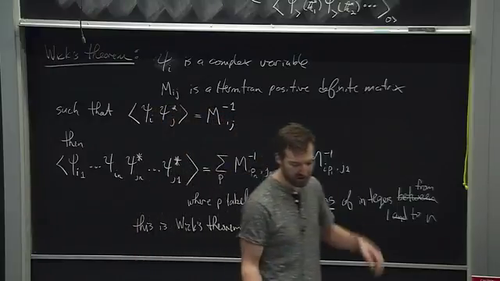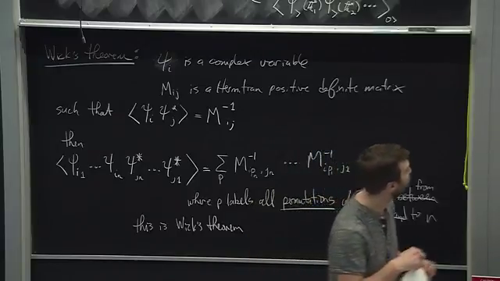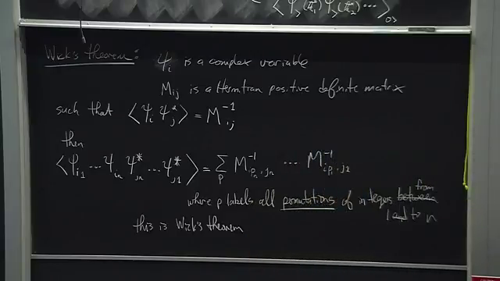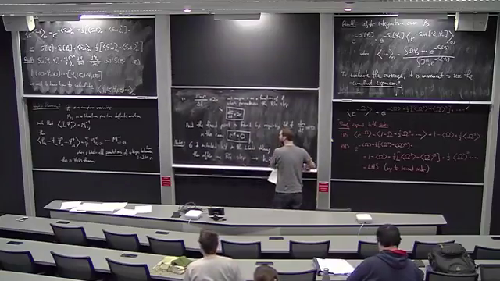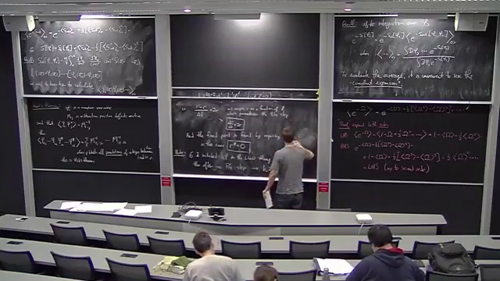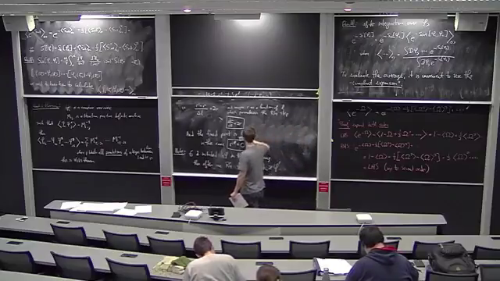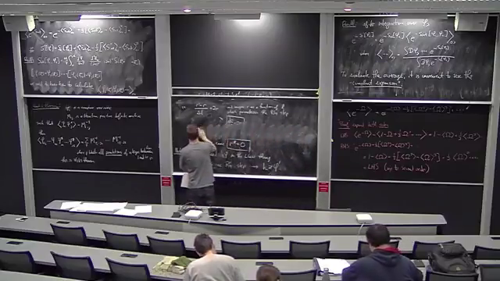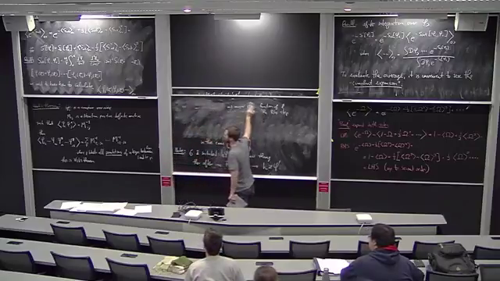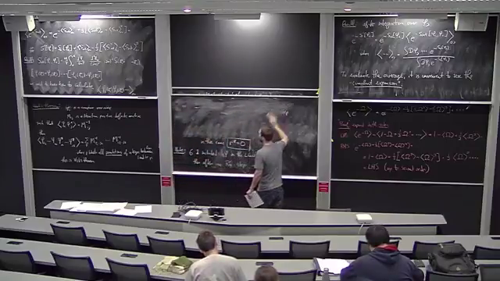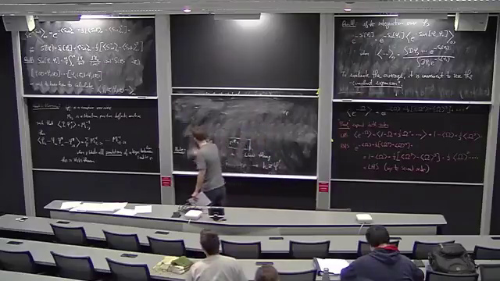Okay, that's generally what Wick's theorem is. But all you need is a few examples of Wick's theorem, because you don't have n real and n complex fields. You just have maybe 4 fields at most.